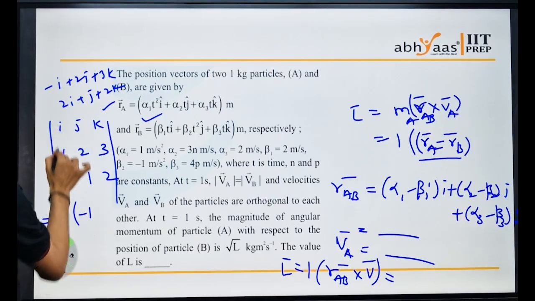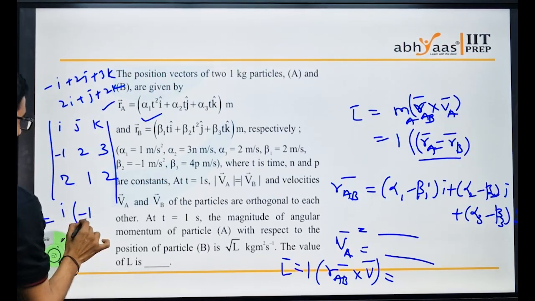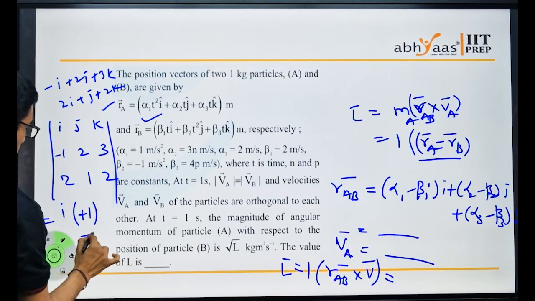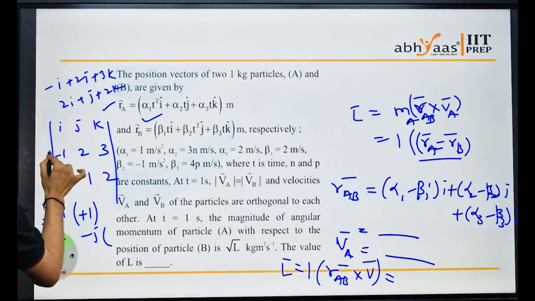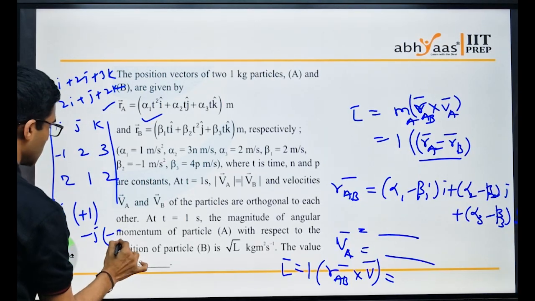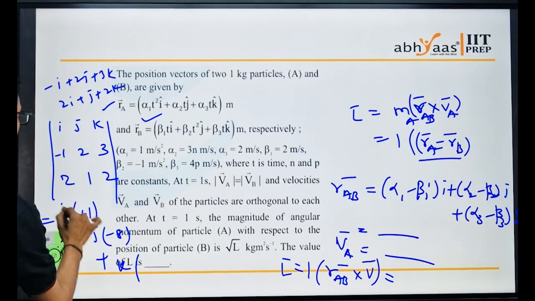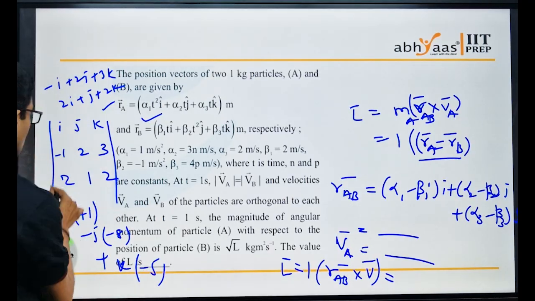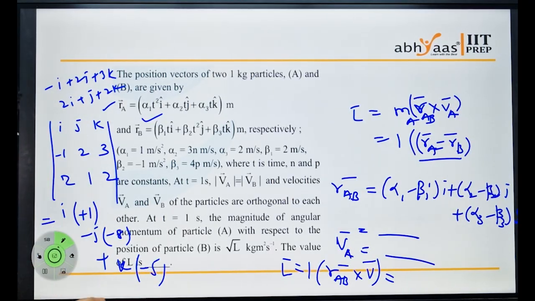Like this you need to do. 4 minus 3 is 1. Minus j, minus 2 minus 6 is minus 8, plus k into minus 1 minus 4, that is minus 5.